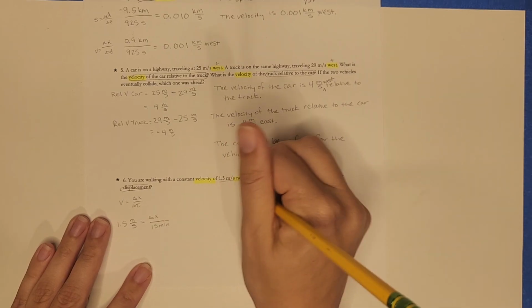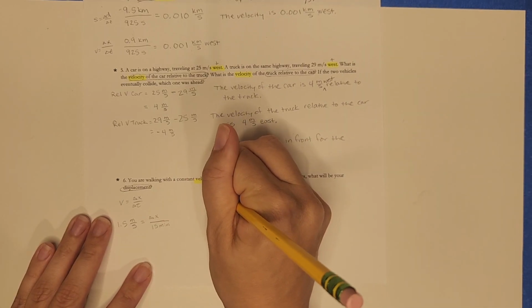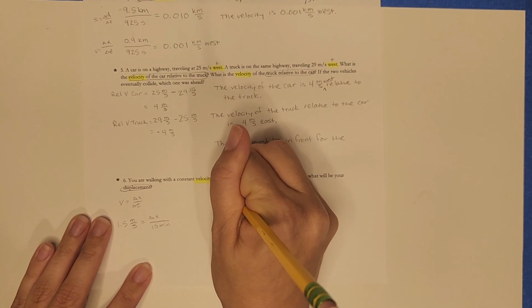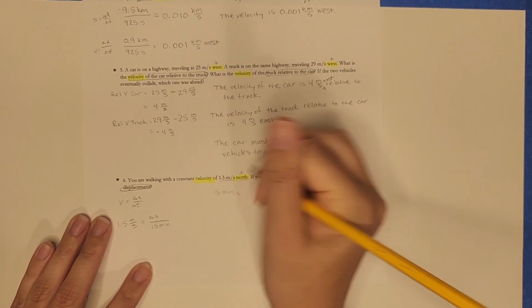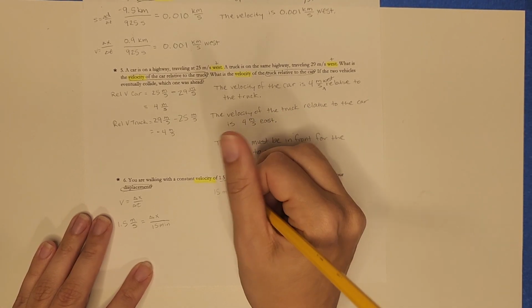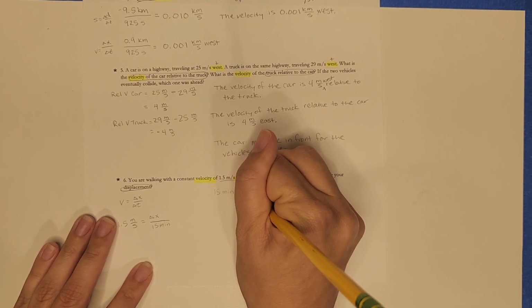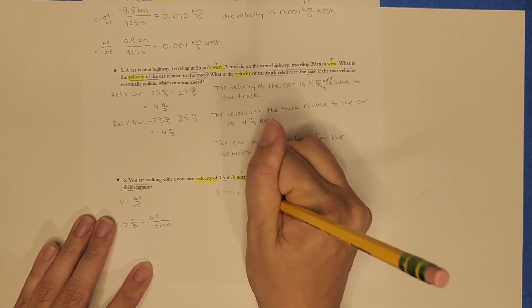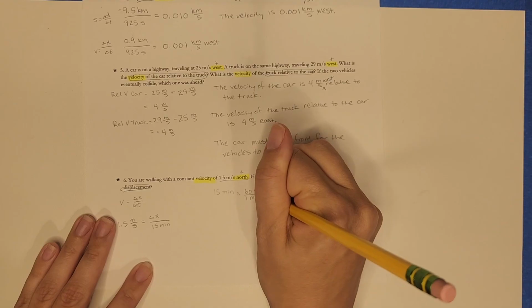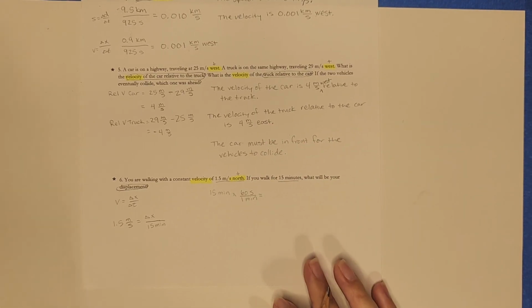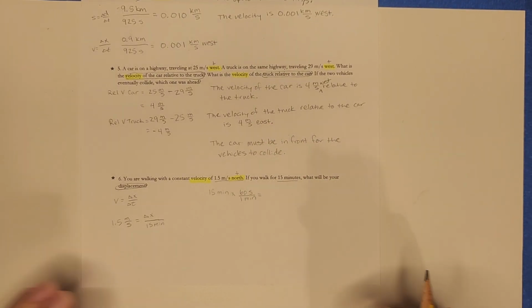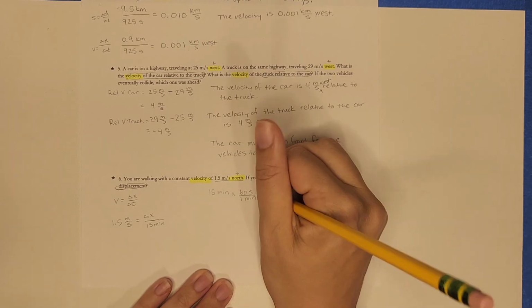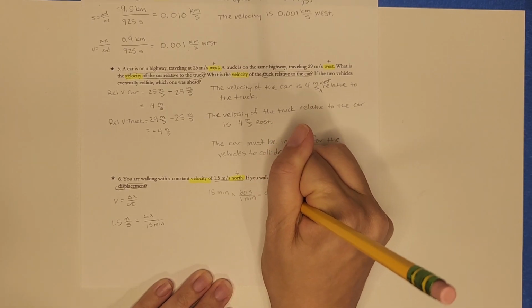All right, so let's off to the side here. 15 minutes times, for every 1 minute, there are 60 seconds. Okay. And that is going to give me 900 seconds.